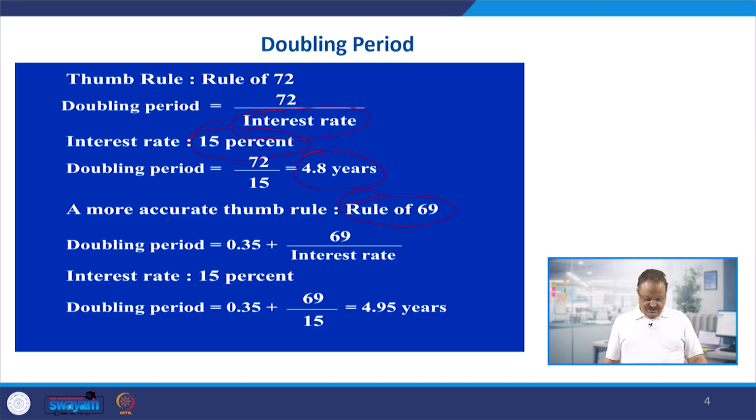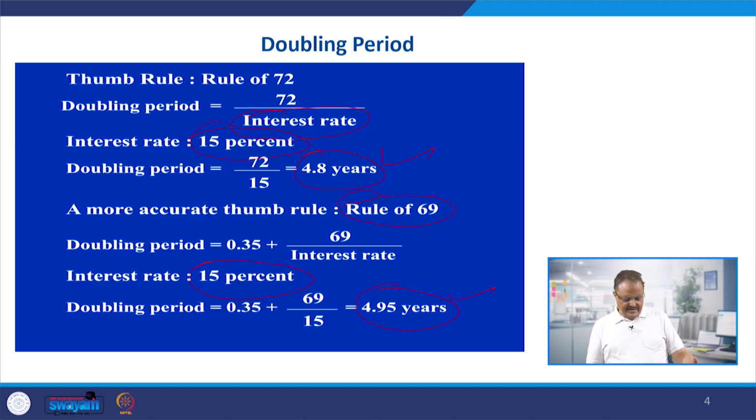For example, if the interest rate is 15%, it is going to be 0.35 plus 69 divided by 15. So you can find out that your investment is going to double under the rule of 69 in 4.95 years. This is a more precise estimate as compared to the rule of 72.